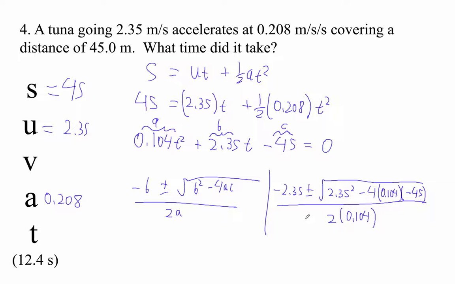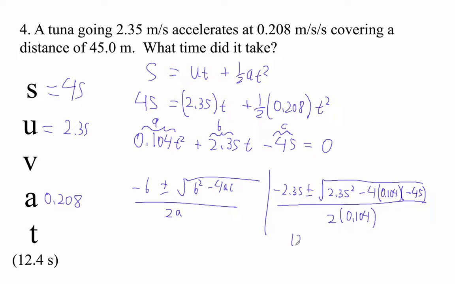The opposite of 2.35, I'm going to go plus square root of 2.35 squared minus 4 times 0.104 times negative 45, all divided by 2 times 0.104. And this is the plus answer, is 12.37.